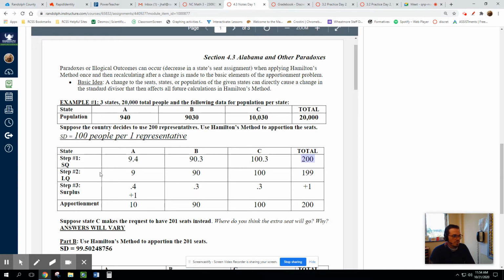So 200, 200. Using Hamilton's method, we go lower quota, drop the decimals, and we have one extra seat to give out. The state that gets that extra seat is going to be state A because they have the highest decimal, giving us an apportionment of 10, 90, 100, which now adds to 200.